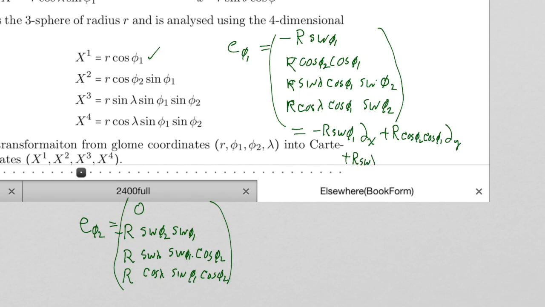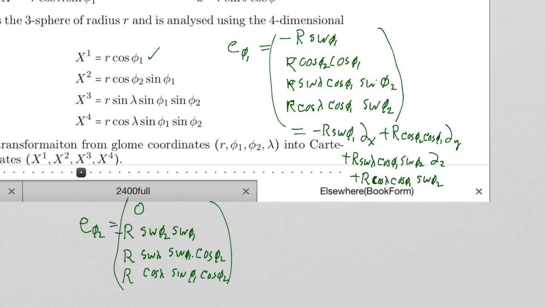R sine lambda cosine phi 1 sine phi 2 partial z plus R cosine lambda cosine phi 1 sine phi 2.